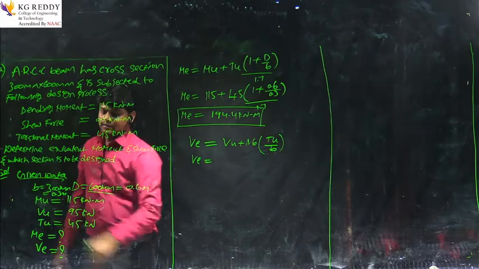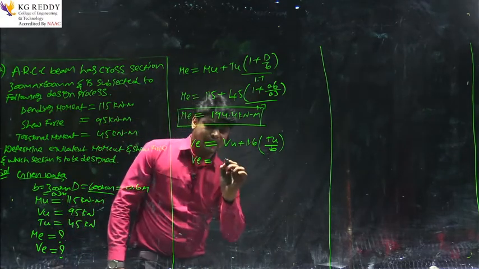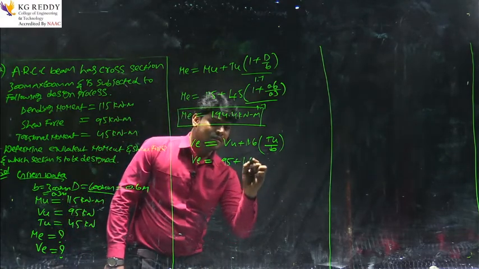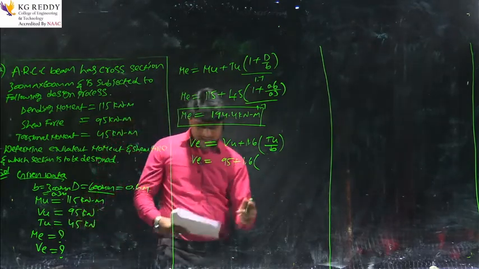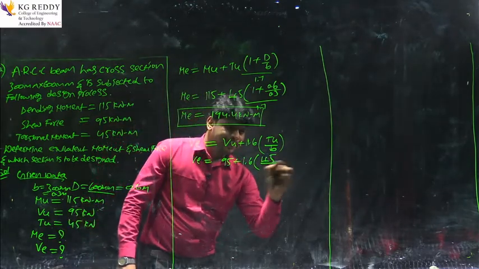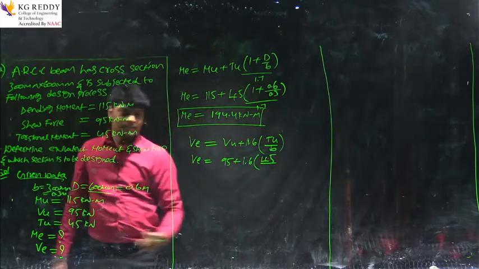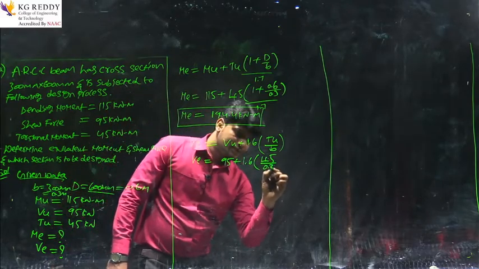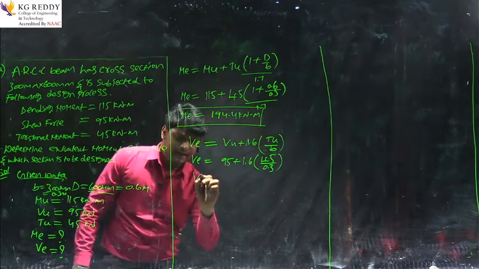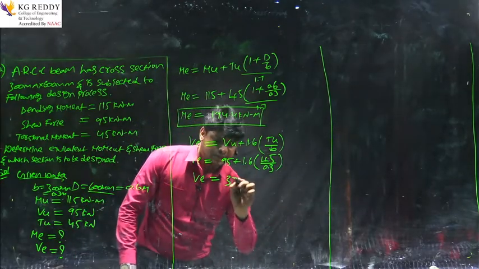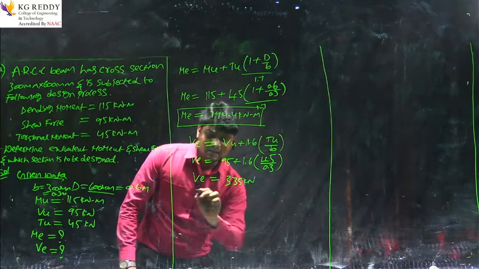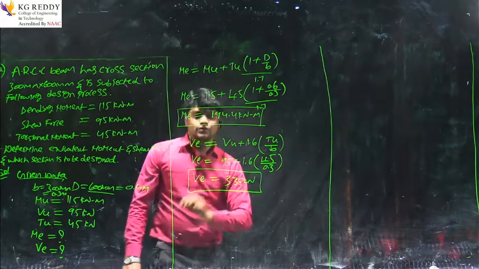Here the design shear force is 95 kilonewtons. So we take 95 plus 1.6 into what is the T value? 45 kilonewtons, divided by the small b value, 0.3 meters. Then you get V equals overall 335 kilonewtons. 335 kilonewtons is the equivalent shear force.